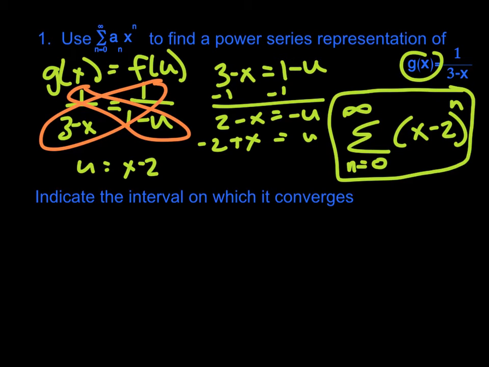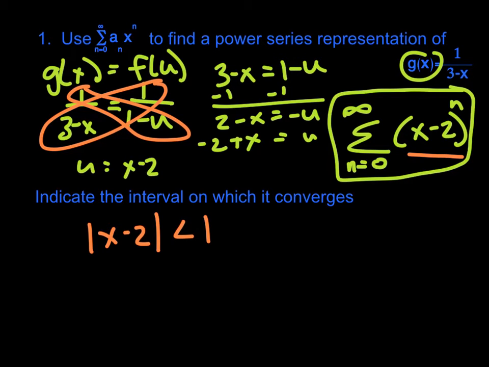Now indicate on which interval it converges. Remember, if you are going to infinity, more than likely it's going to converge, especially if it's between negative 1 and 1. So to find where it converges, you take this x minus 2, and the absolute value has to be less than 1, because we said whatever your r is has to be less than 1.